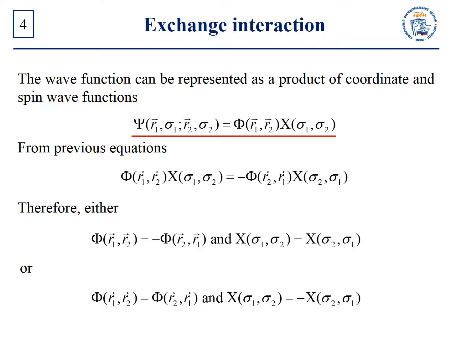That is, the symmetry of the coordinate wave function depends on the spin state. Since, from the viewpoint of classical physics, the values of s is equal to 1 and s is equal to 0 correspond, respectively, to parallel and antiparallel spins of two electrons, the symmetry of phi may be thought of as being dependent on mutual spin orientation.